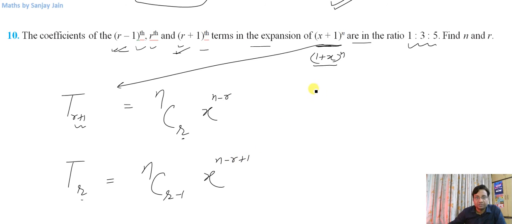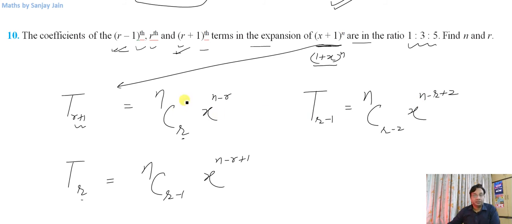And what is the third term? T r minus 1 will be equal to nC r minus 2 x raised to power n minus r minus 2, that is n minus r plus 2. So these are the terms that I have.